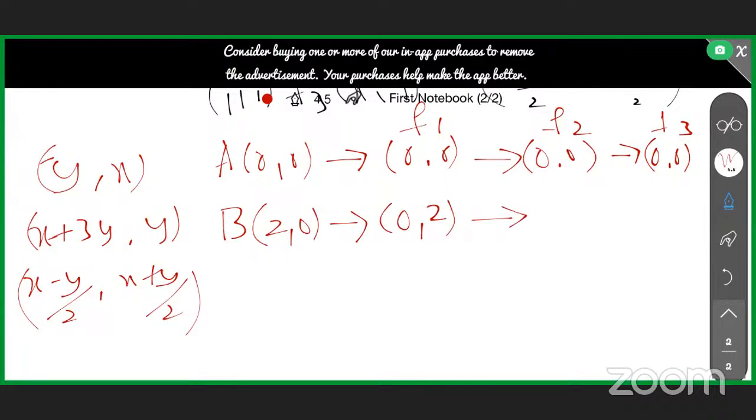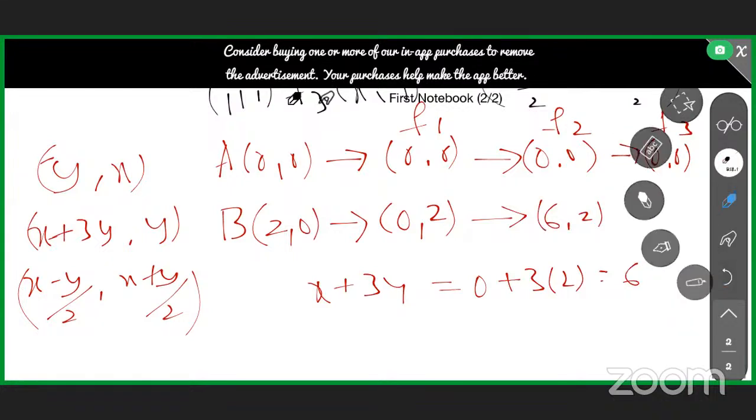X is 0, so 0 plus 3 into 2 is equal to 6, and the y value is 2. That is (6, 2). Do you understand?